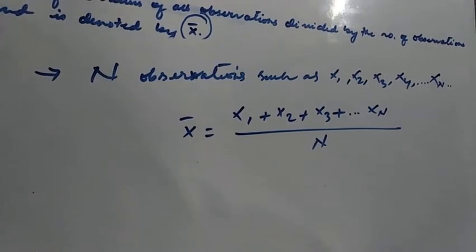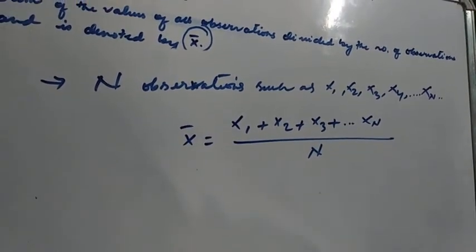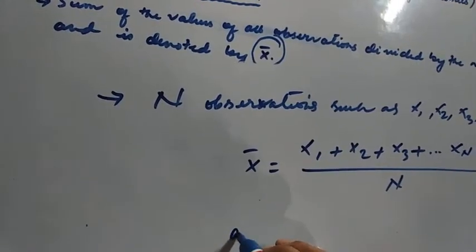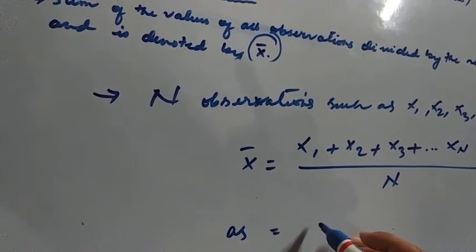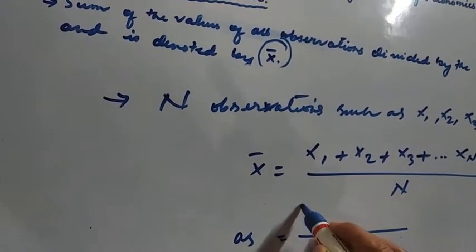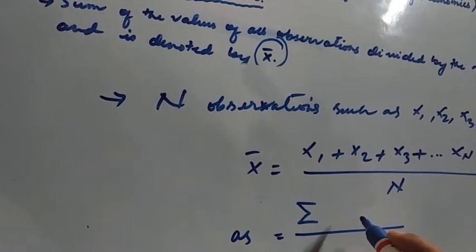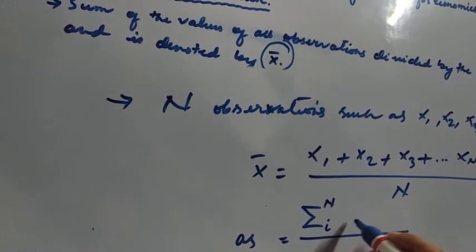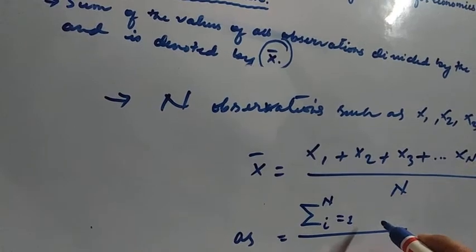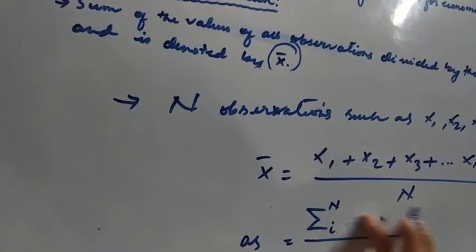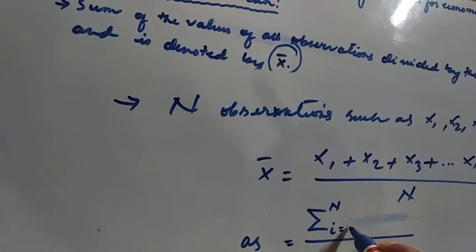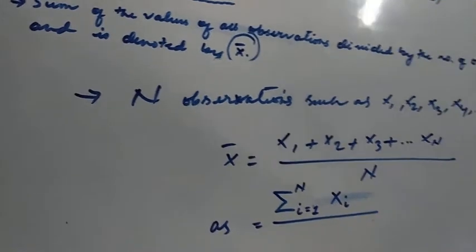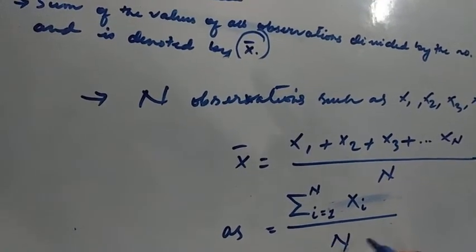Now this right hand side can be rewritten as summation i from 1 to n of xi divided by n.